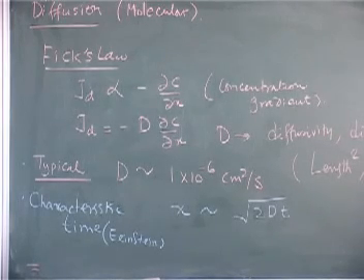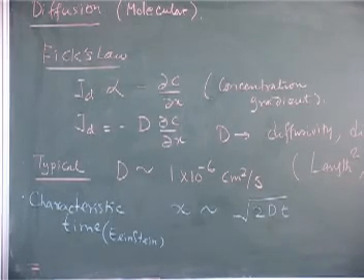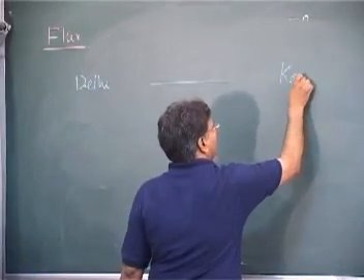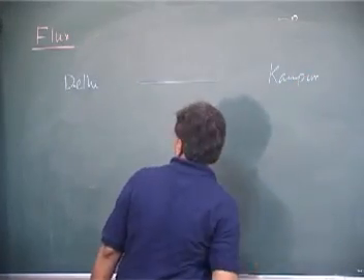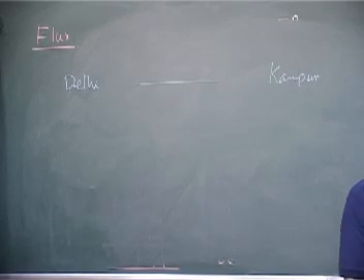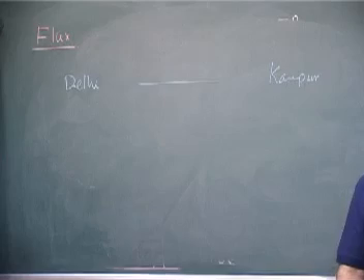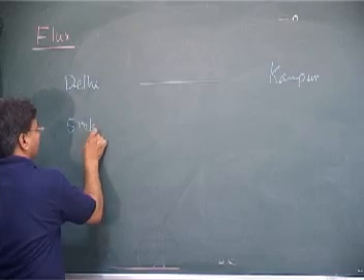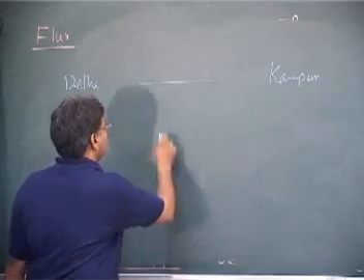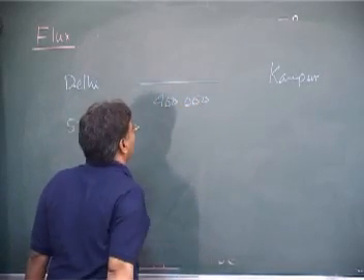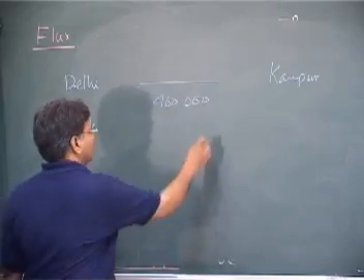I worked out a very hypothetical example. Suppose from Delhi a non-reactive pollutant is going and coming to Kanpur. The wind speed I took as 5 meters per second, and suppose this wind speed is maintained, and the distance I took as 400 kilometers, or 400,000 meters.